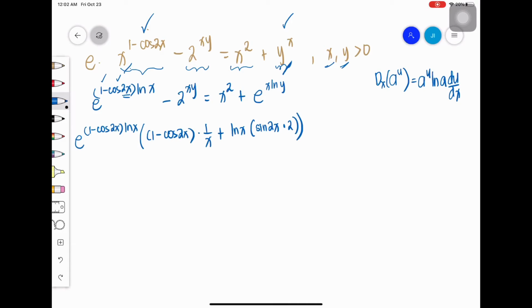Tama? If u is a function of x. So the derivative of the second term is minus, again from there, we have itself, ln of the base, multiplied to the derivative of the power. But the power is again a product, so we need to use product rule.